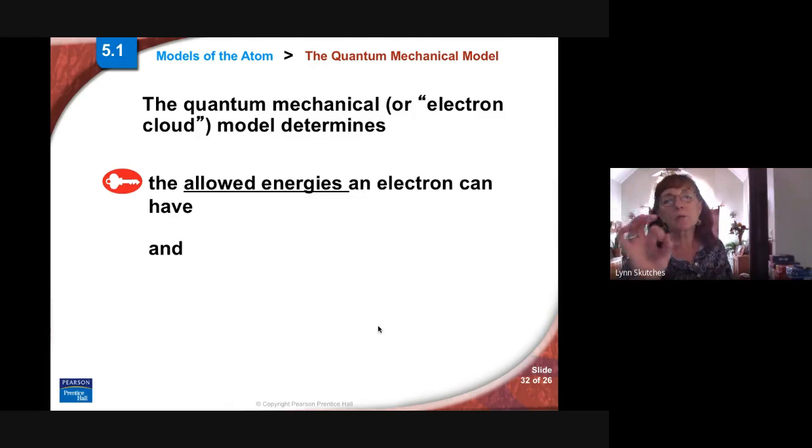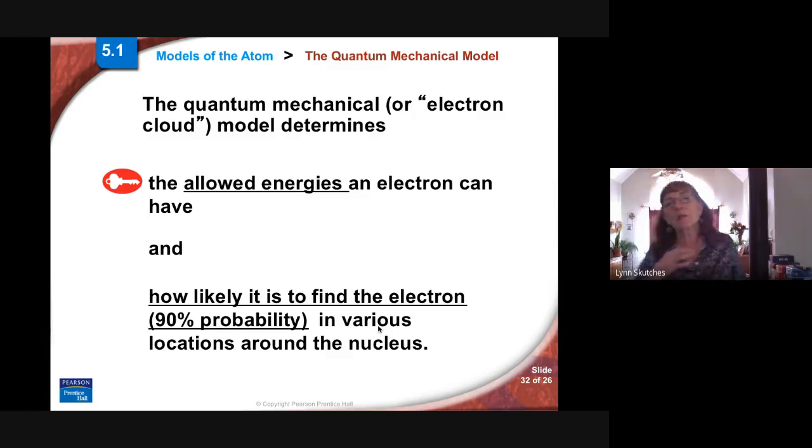So it gives us the allowed energies electrons will have and tells us the probability. Going back to probability again, like flipping coins, 50-50, this is way better: a 90% chance you'll find an electron in a certain region around the nucleus. And that is the electron cloud model.